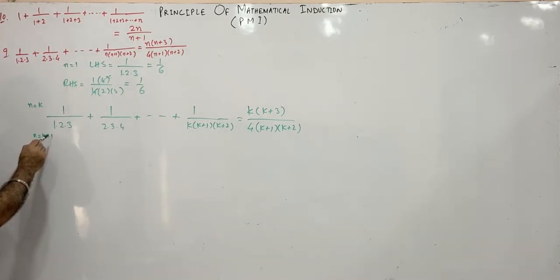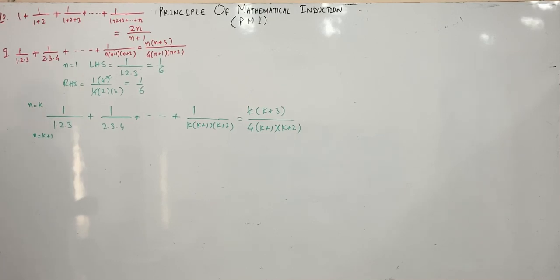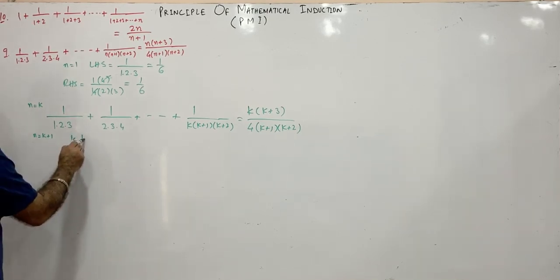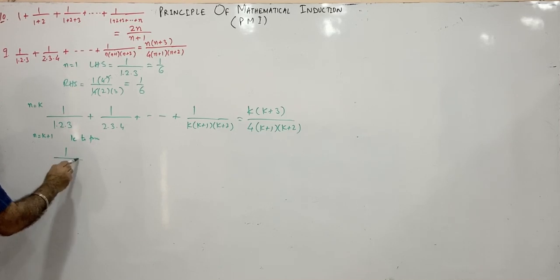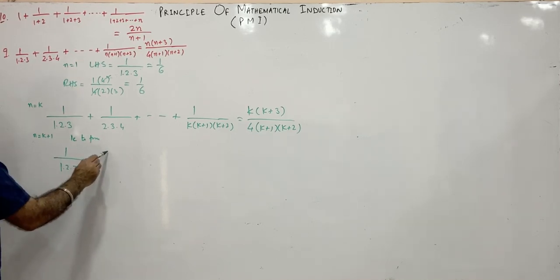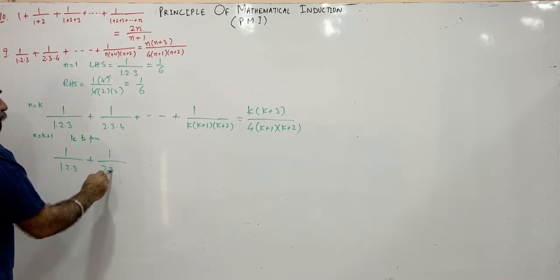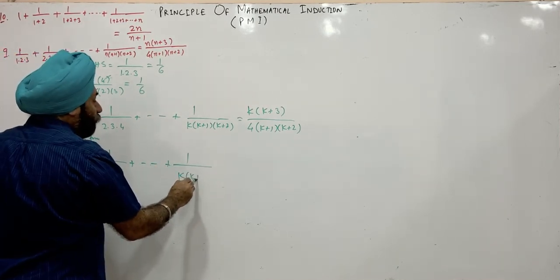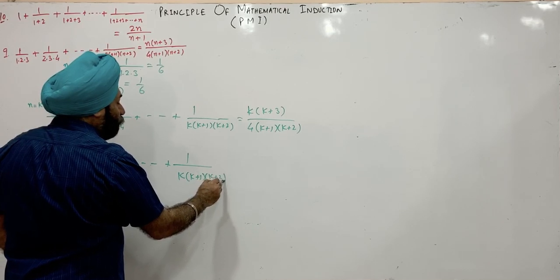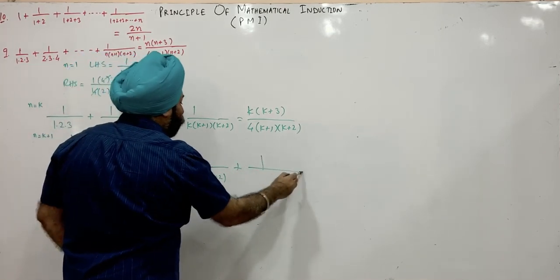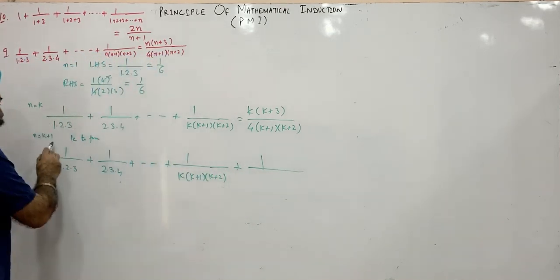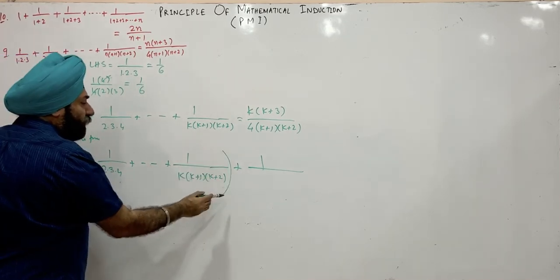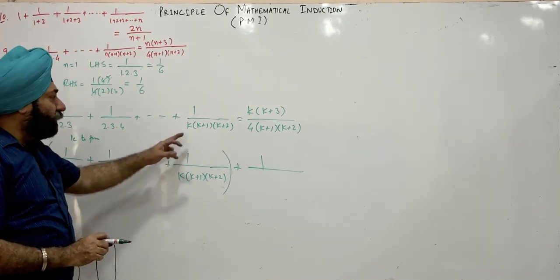In the last step, we have to prove the result true for n is equal to k plus 1, that is to prove 1 upon 1 into 2 into 3, then 1 upon 2 into 3 into 4, and so on. This is k into (k plus 1) into (k plus 2), and plus the next term. This is the sum of first k terms. And how do we write the next term? This is kth term.